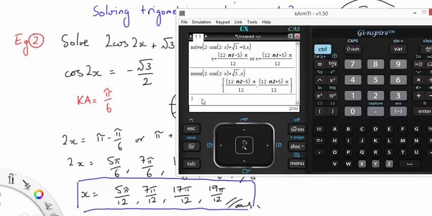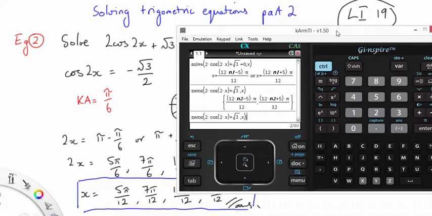So I'll show you this using the zeros function. It's the same as solve, so we're going to use zeros. It's the same function, but we put in our usual domain restriction. The way we do that is we press Control and put in that little bar there. Our domain restriction is 0 to 2 pi.